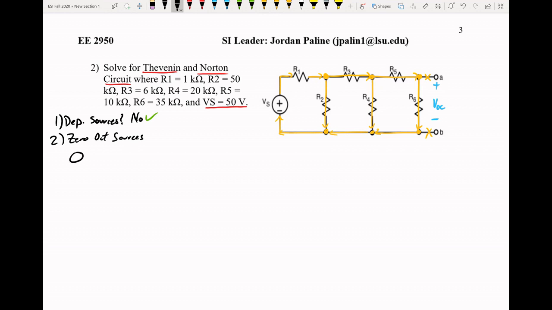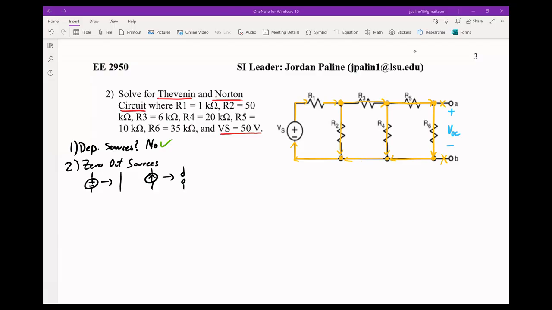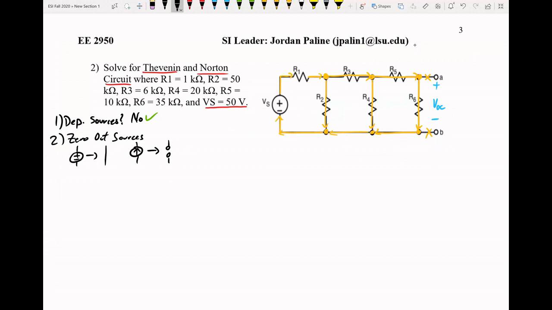And like we said before, take this battery, turn it into a wire, and any current sources will turn into open circuits. Then we'll draw our circuit again with the zeroed out sources.